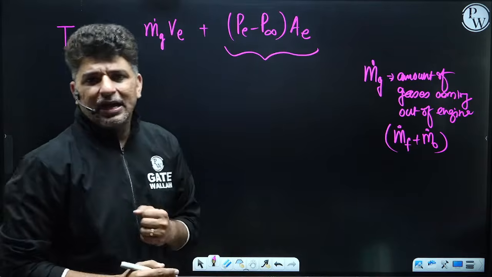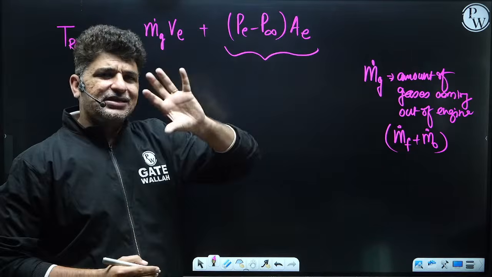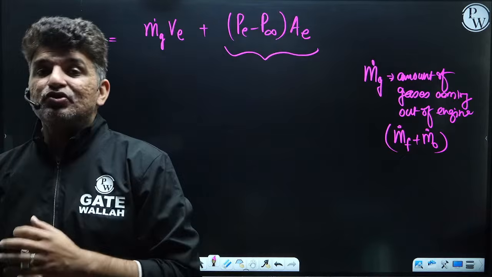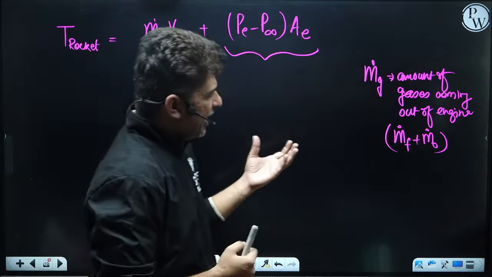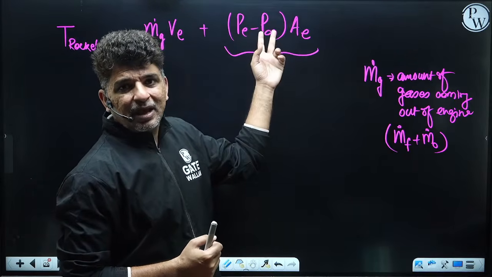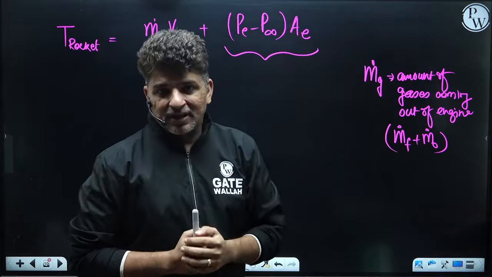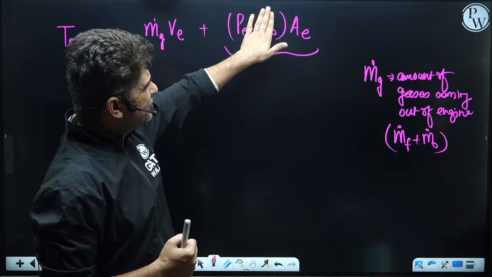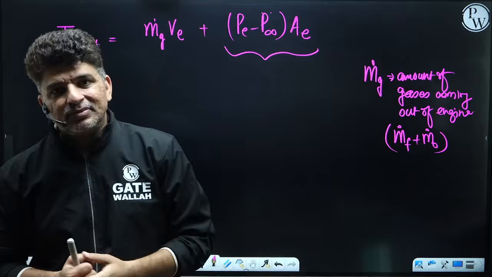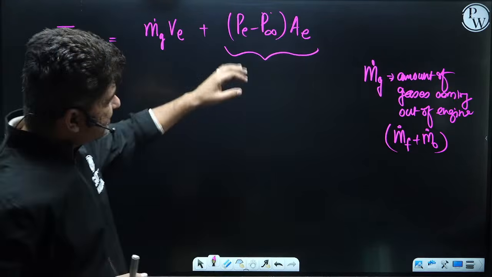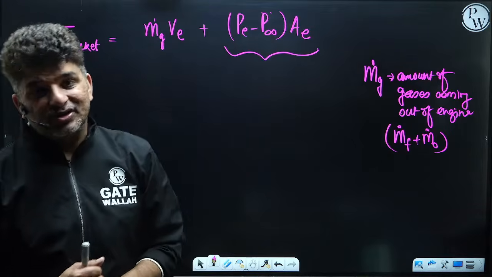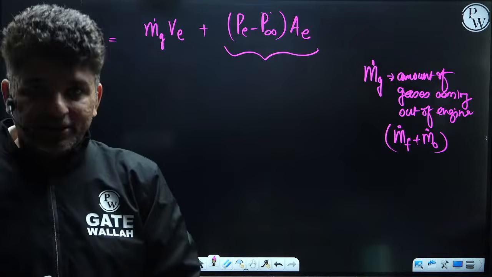It could be as high as 20 to 30% in case of rockets also. When the rockets are flying at normal atmospheric condition, this P infinity will be P ambient. But as we go into space, this quantity will be dropping, and in outer space it will almost become 0.